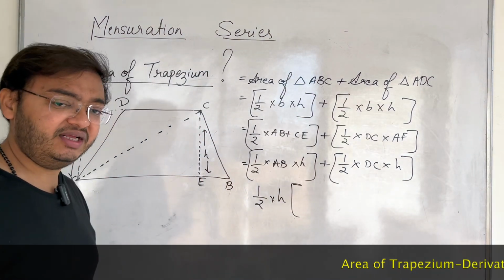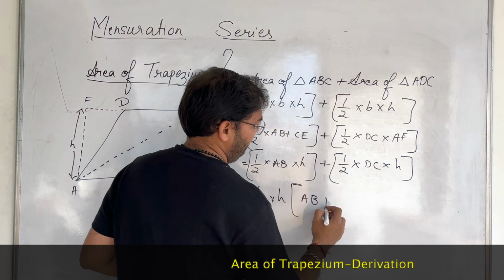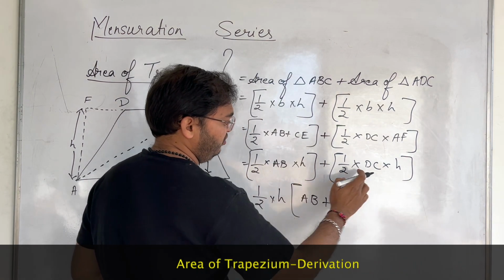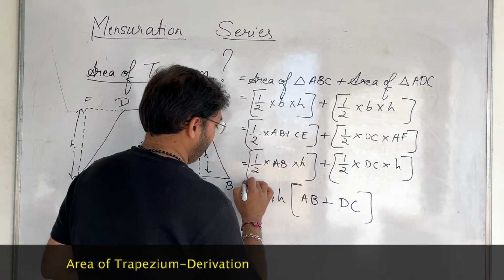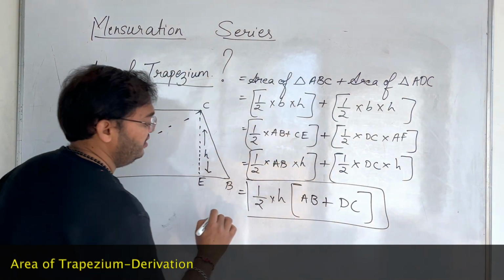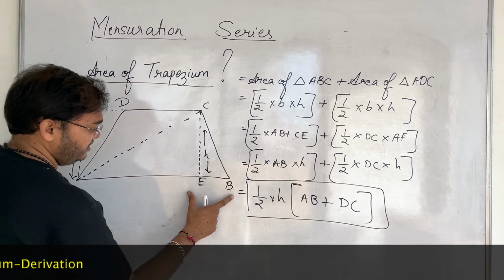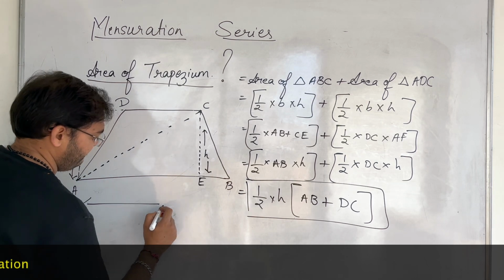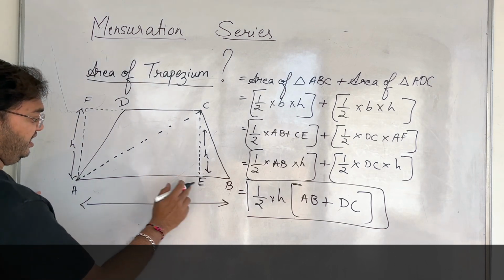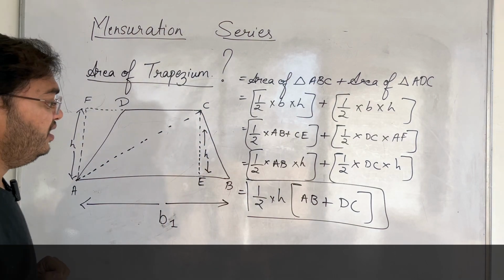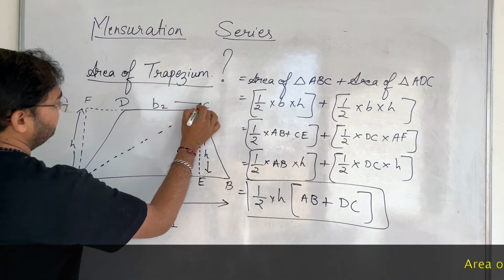Now what is left inside? Half I took out, H I took out, AB in between a plus sign, and now it becomes DC. So from here the area of the trapezium is derived: half into height, where AB is one base, the base of triangle ABC, and DC is the base of another triangle.